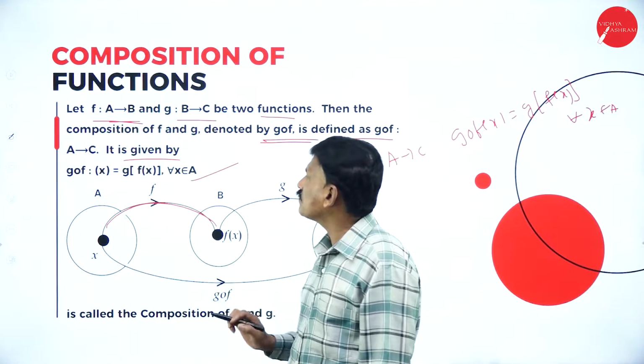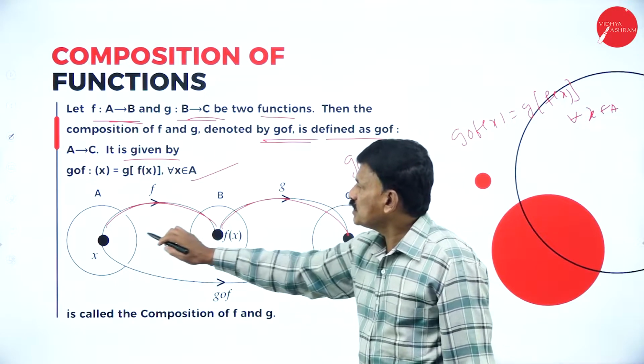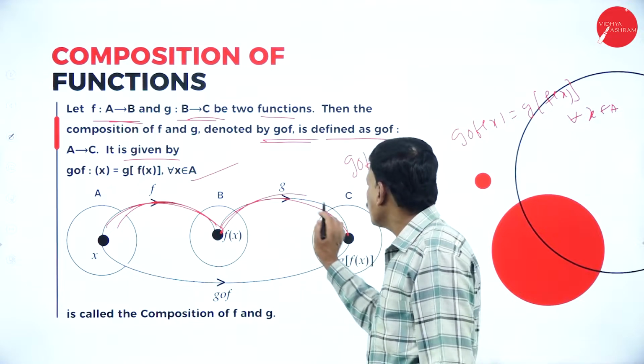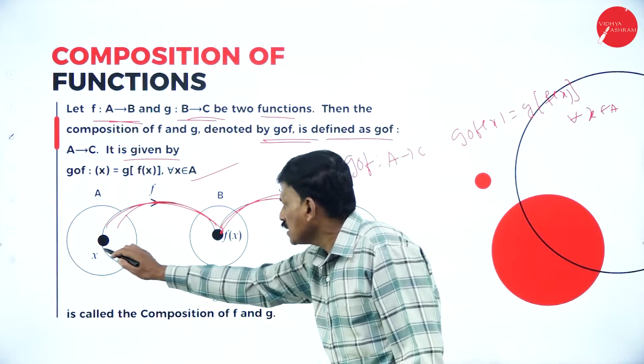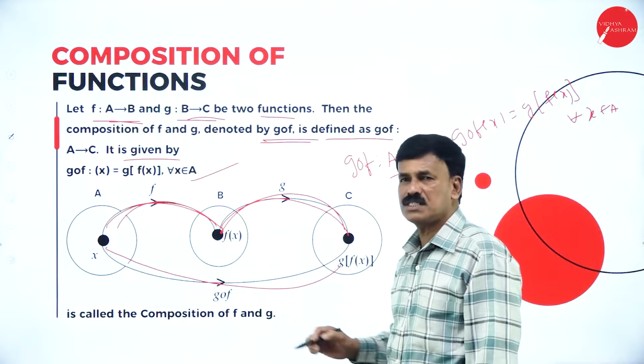F is a function from A to B and g is a function from B to C. Then the function from A to C is denoted as g naught f.